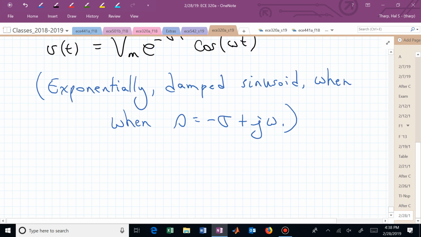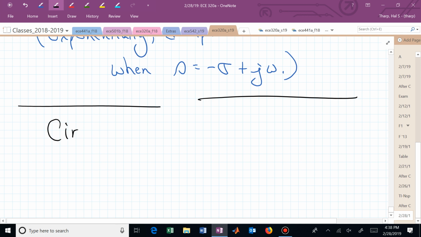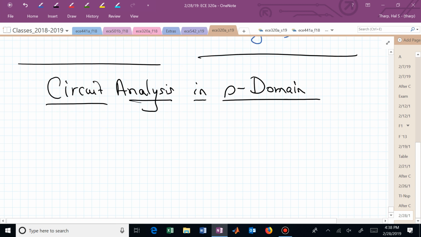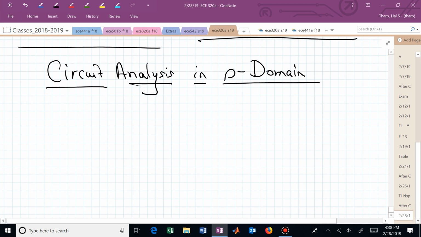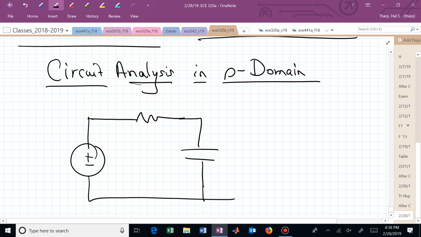Now we're ready for some analysis. Let's look at performing some circuit analysis using these S-domain ideas. And before we get too involved, let's start with a circuit that you might see on an interview.